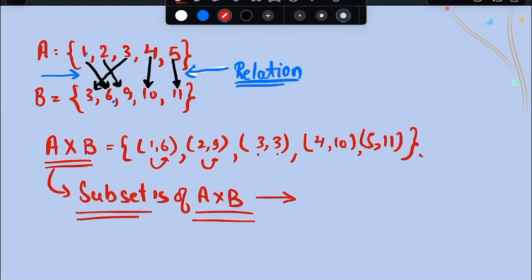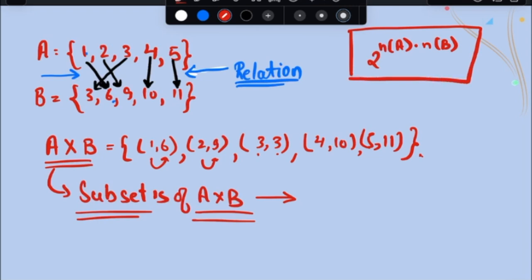If we have to form subsets of A cross B, then the direct formula for the number of relations from A cross B is 2 raised to the power n(A) into n(B). Very important formula.